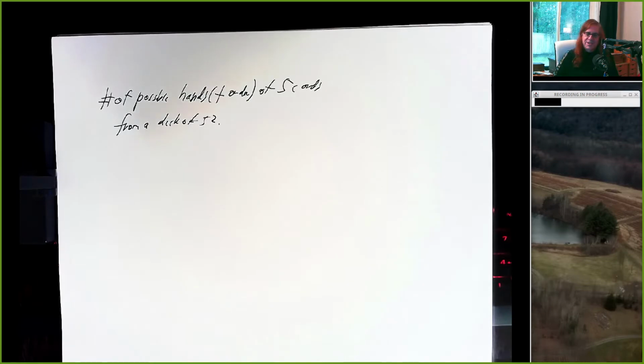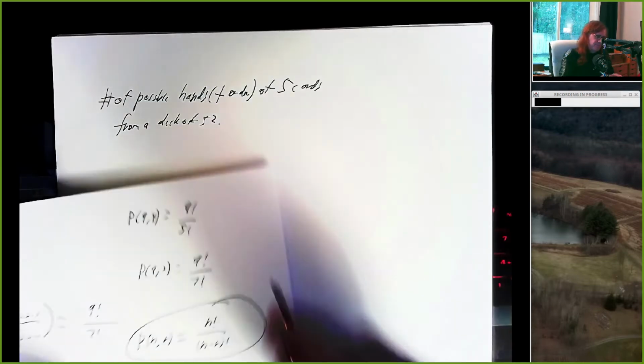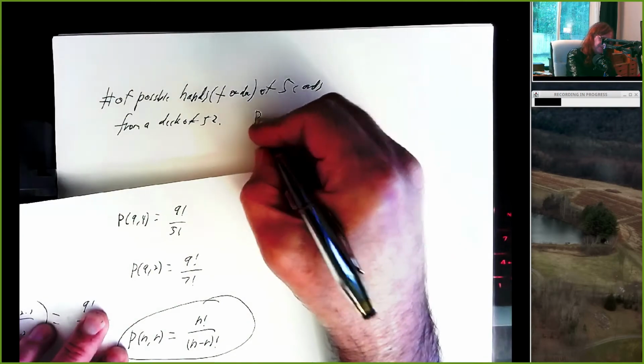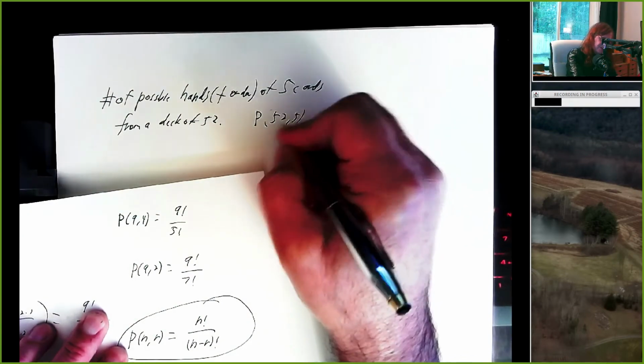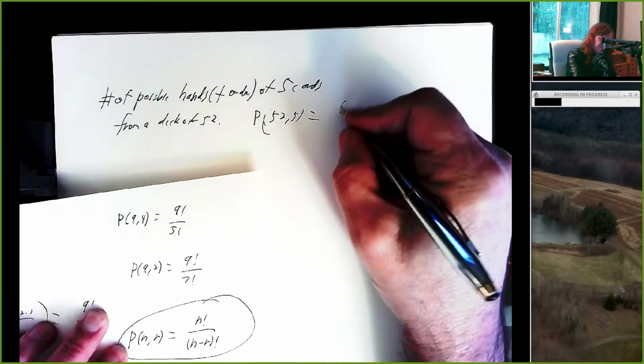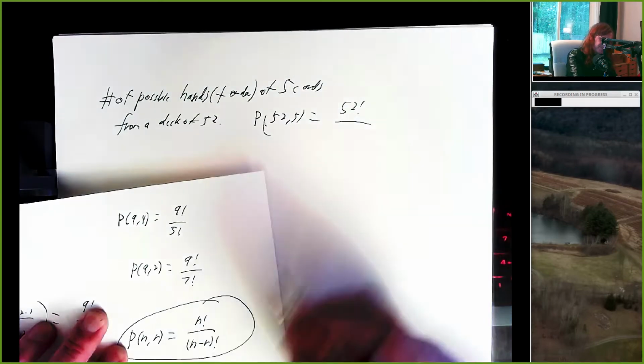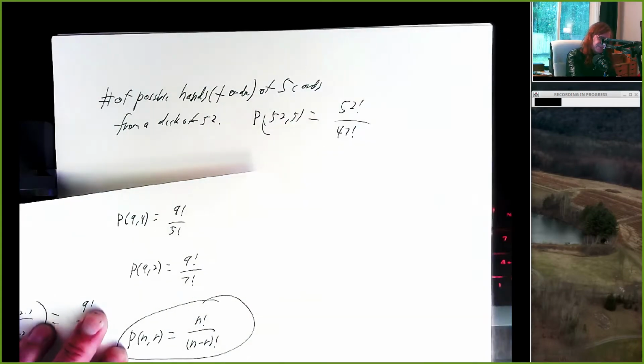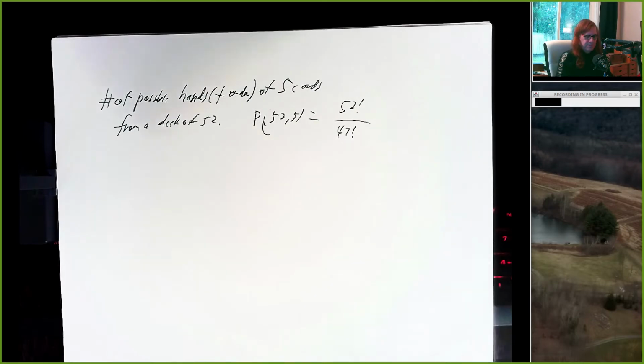How many ways can we arrange 5 cards picked out of 52? Well, that's just P(52,5), which will be 52 factorial over 52 minus 5, which is 47 factorial. And there's your answer.